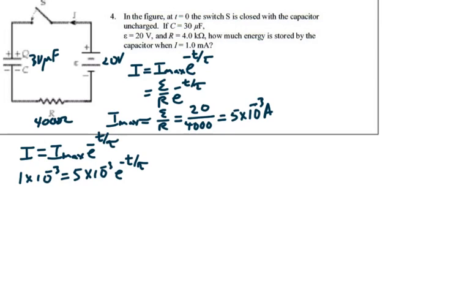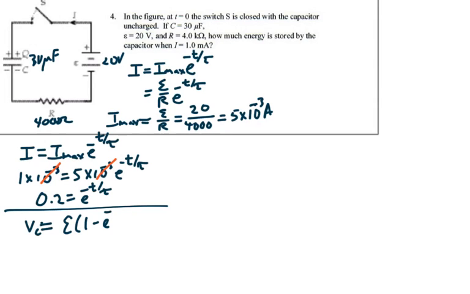So at that particular time, this is what occurs. The 10 to the minus 3's cancel out. 1 divided by 5 is 0.2, so we have 0.2 is equal to e to the negative t over tau at that particular time. Well, the voltage across the capacitor is equal to the voltage of the battery, 1 minus e to the negative t over tau.